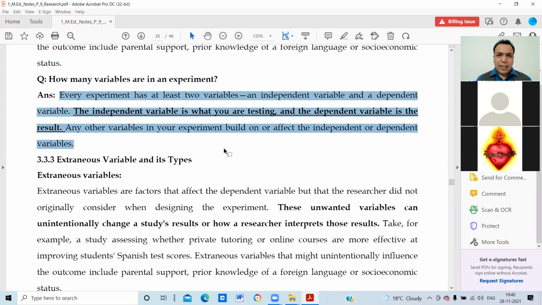You have seen how the coronavirus has affected the person. So coronavirus क्या चीज़ है? Technically, talking in research terms, coronavirus is an independent variable. And what is the coronavirus doing? Coronavirus is creating problems in the health of the persons, right? Health unke bigad hai. So health of the person is a dependent variable, right?